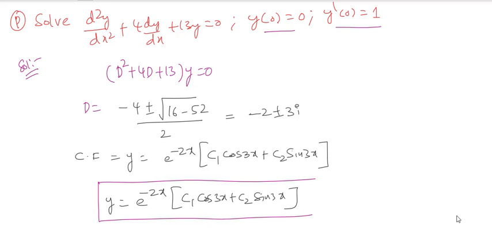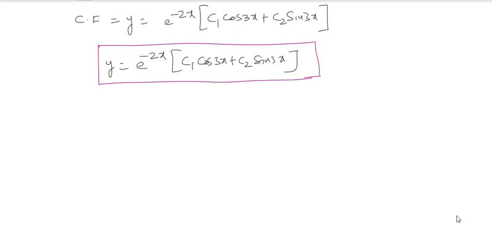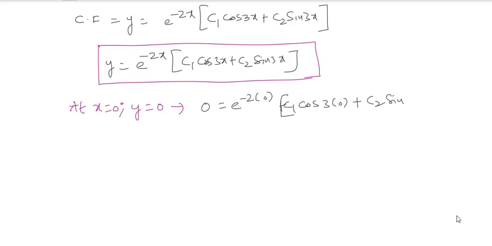Here they have given two conditions: y(0) = 0 and y'(0) = 1. You have to substitute those. At x = 0, the value of y is 0. Substitute: 0 = e^(−2·0) (c1 cos(3·0) + c2 sin 0).